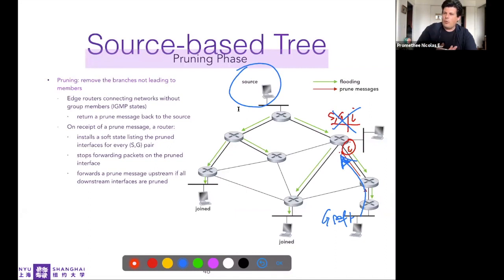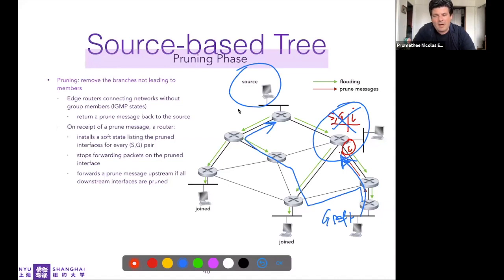So it means that at some point, the shortest path from this router to the source changes and goes this way, for instance. Can the graft message clean the state here if the shortest path to the source has changed? You cannot anymore.